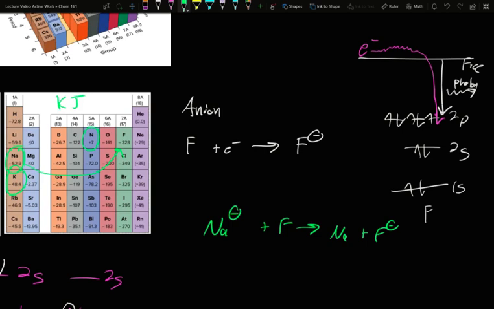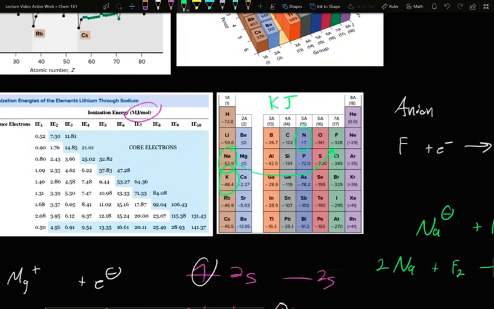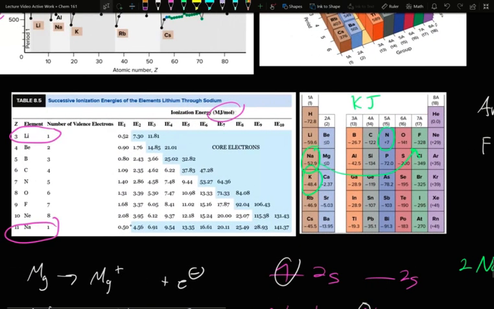If we actually try to compare things for a moment, think about a reaction of sodium plus fluorine. This would make 2 sodium fluoride, which is really an Na plus and an F minus. We have to remove the electron from one element and put it on the other. Curiously enough, if we think about the energies for a second, to ionize sodium takes 500 kilojoules.